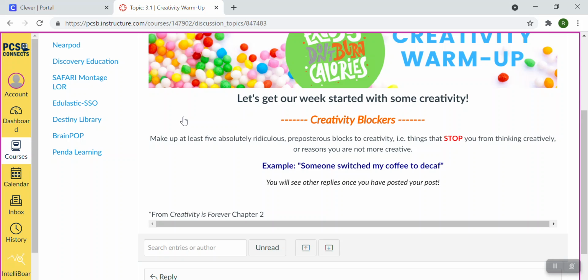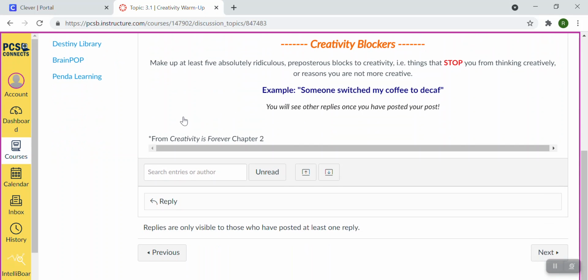This means things that might stop you from thinking creatively or reasons to not be more creative. So why would you tell someone to not be creative? So for example, someone switched my coffee to decaf. There are lots of other ones. I don't want to give you too much there, but you're going to list 5 in this discussion post.